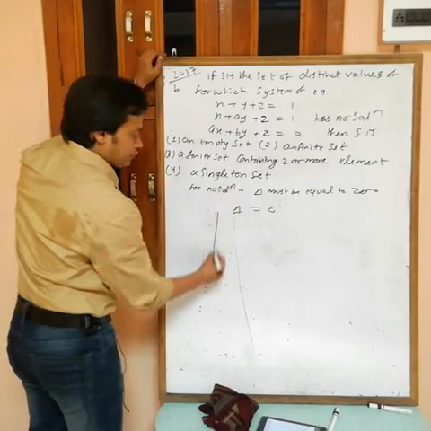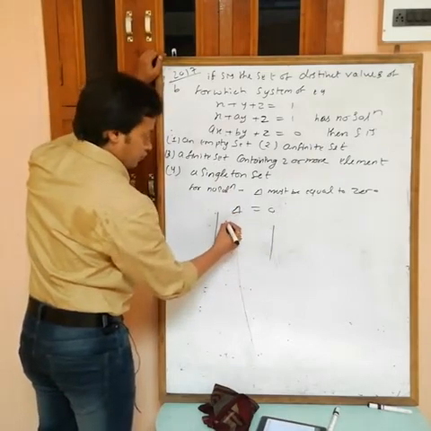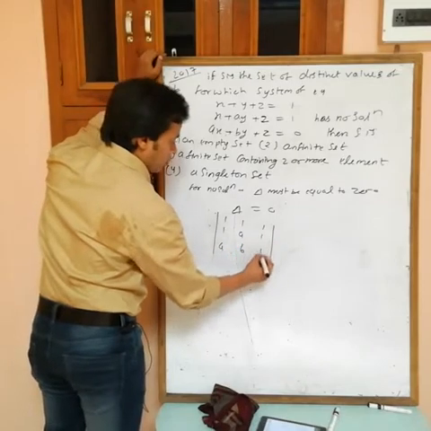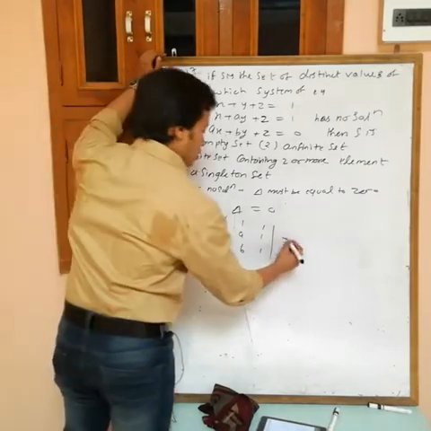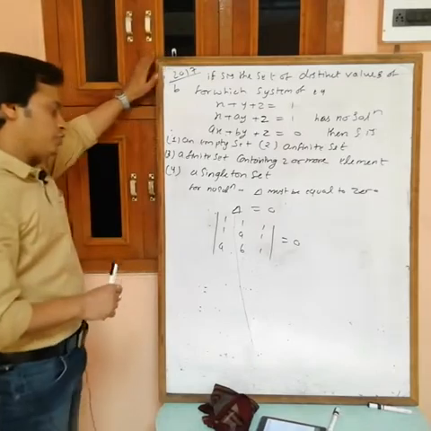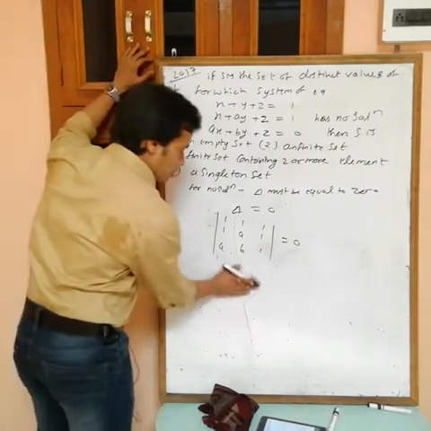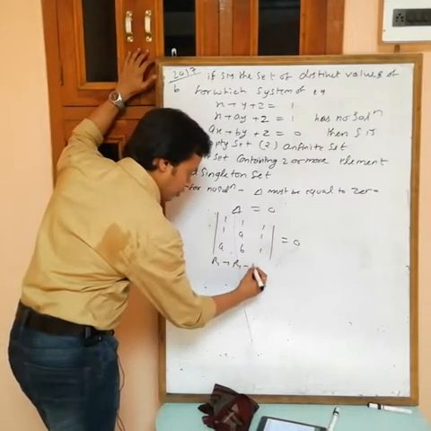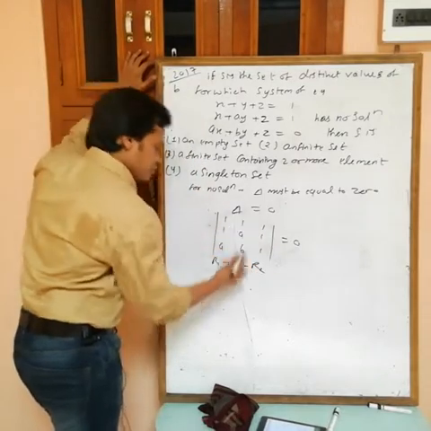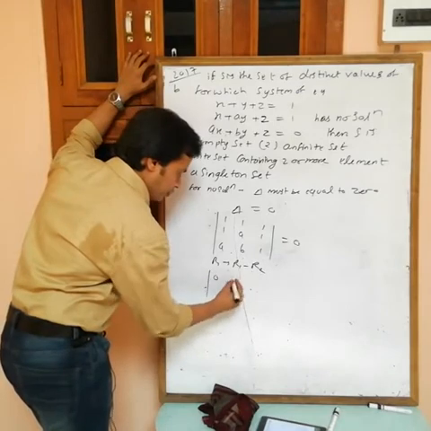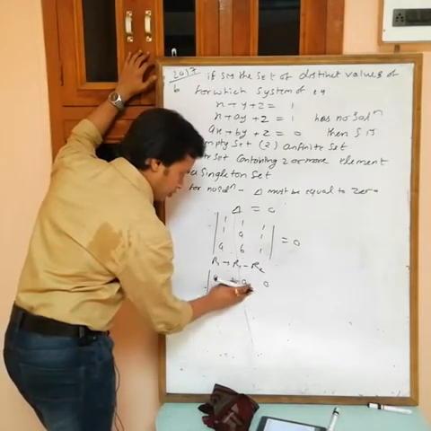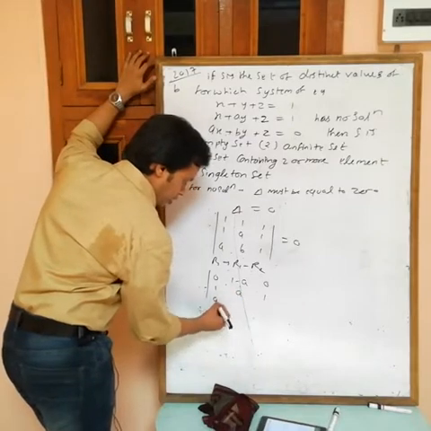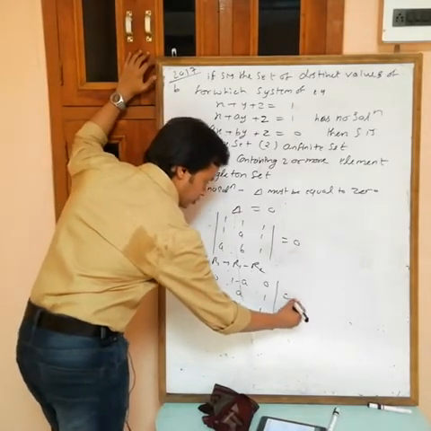Now del is the determinant 1 1 a, 1 a b, 1 1 1, equals 0. For simplification, can I use R1 goes to R1 minus R2? Then you will get two zeros. Then 0, 1 minus a, 0. R2 and R3 remain same, 1 a 1 and a b 1, equals 0.